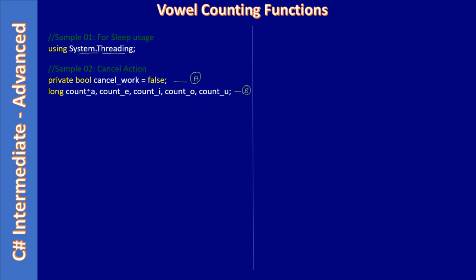For our demo we declared these class level members, and they will be accessed by both the UI as well as the background worker component. So we have to do proper synchronization, but in our application, just for demo purposes, we don't do any synchronization.